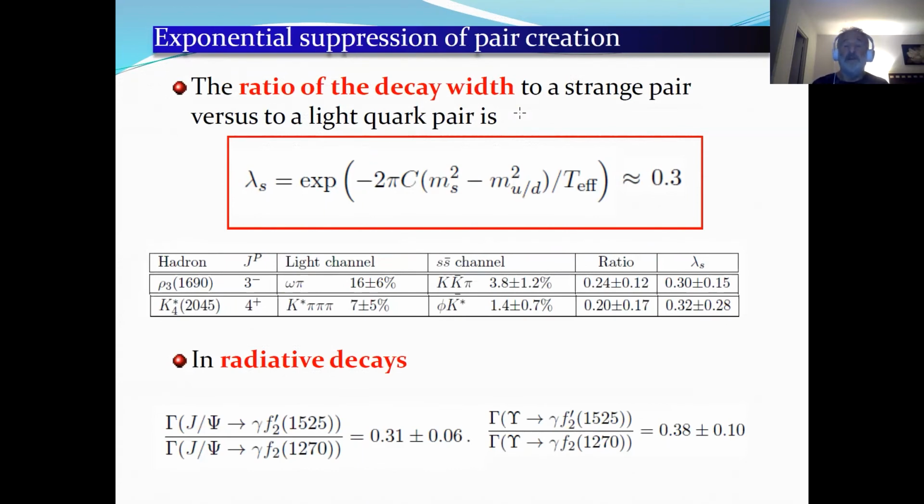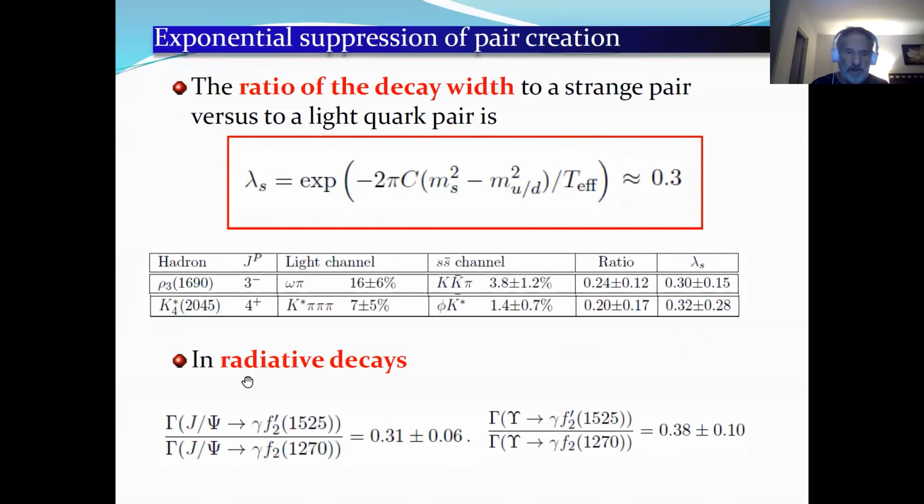Now, about the branching ratio: if we compare the ratio between decaying into a pair of strange quarks to the one of light quarks, then this ratio is roughly 0.3. So we call this quantity lambda s. When we check several cases, not too many decay into strange anti-strange, but several that we were able to extract, like in this case of K3 and K4, then this quantity is indeed of this form.